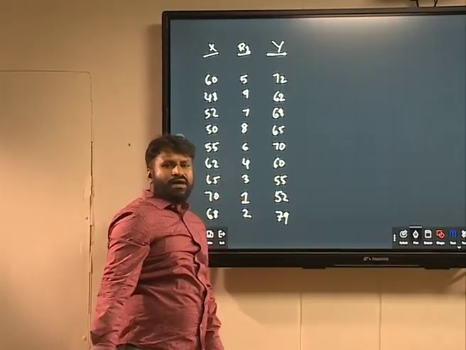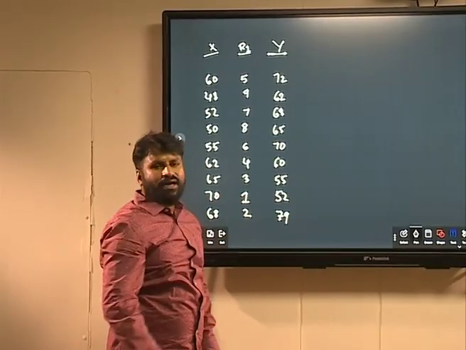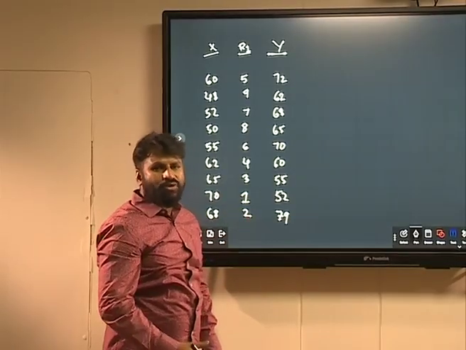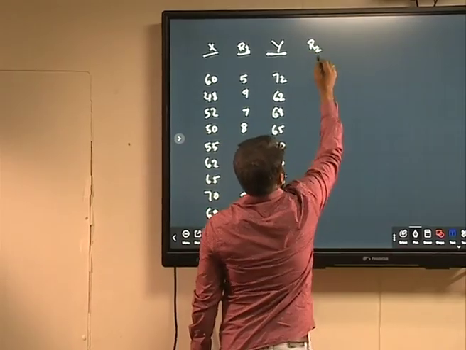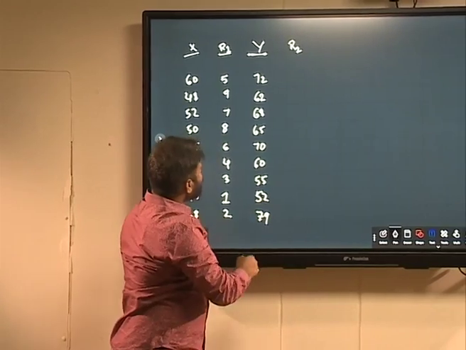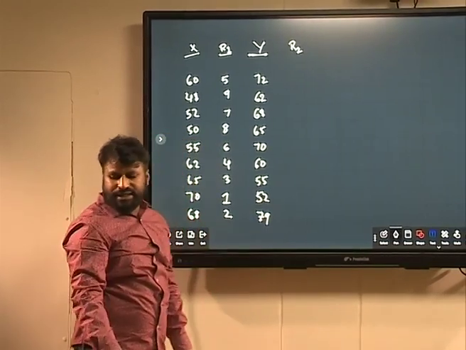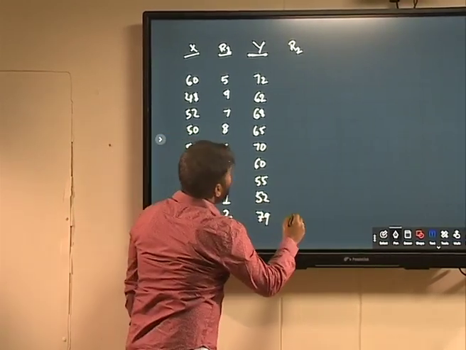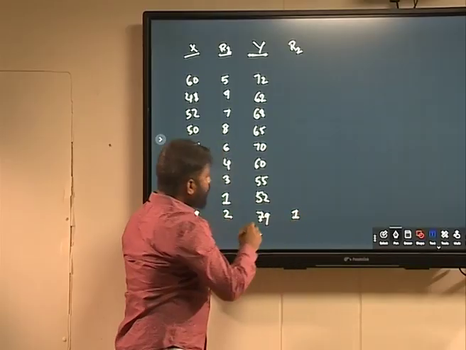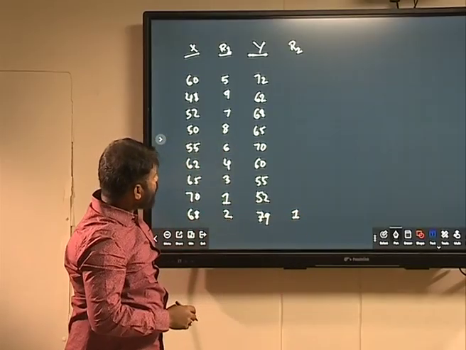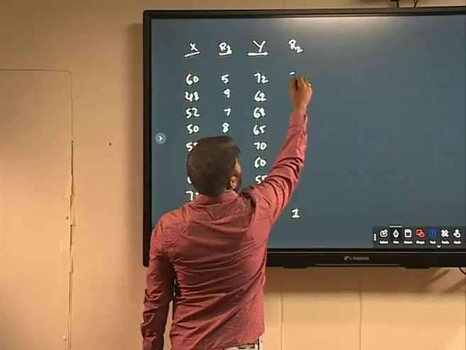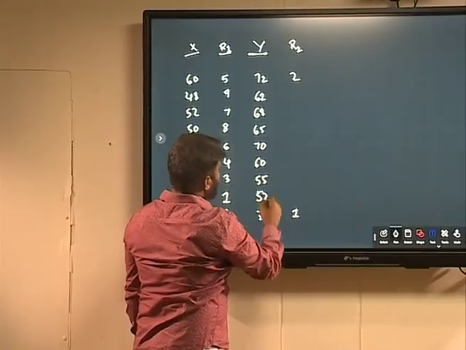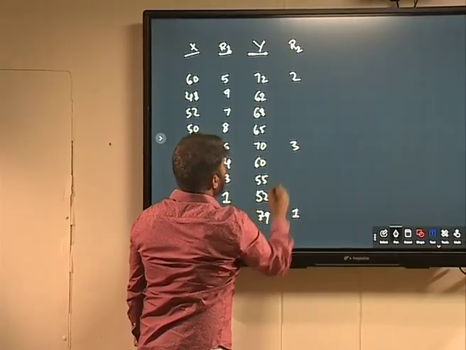Similarly, I am going to assign the ranks for the Y series also, that is R2. So which one is the highest? Here 79 is the highest. This is rank 1. After 79, the next one is 72, so that is the second rank. After 72, 70 is the third rank.